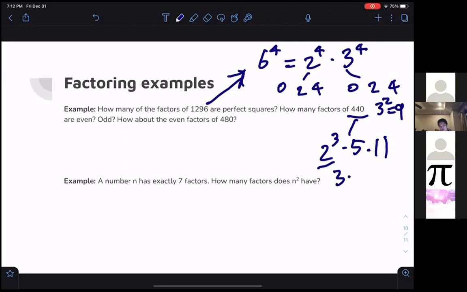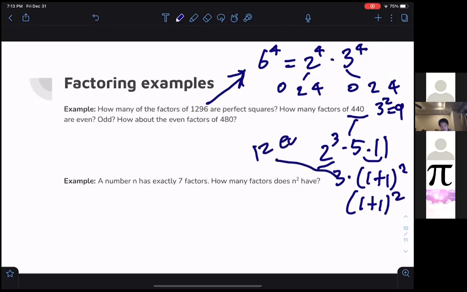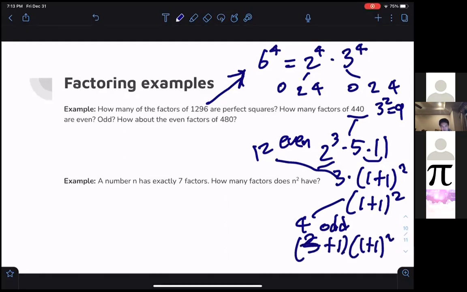So even would be 3 times (1 plus 1) squared for these two, and then odd would just be this, giving 12 even, 4 odd, for a total of 16, which checks out since it would be (3 plus 1) times (1 plus 1) squared. Okay, so 16 total factors: 12 even, 4 odd.